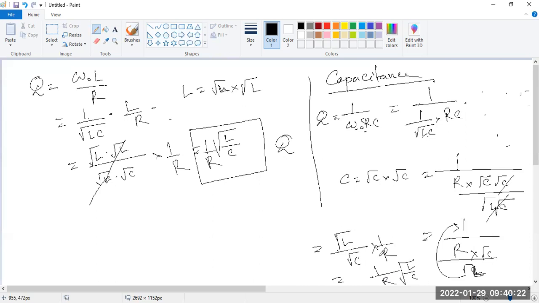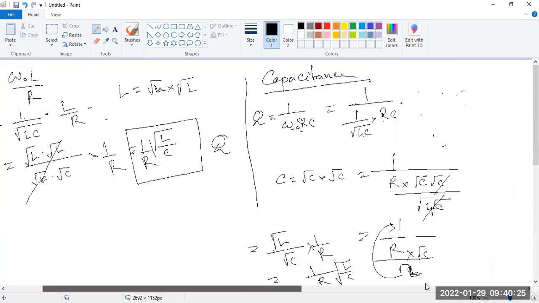This is the representation of quality factor.